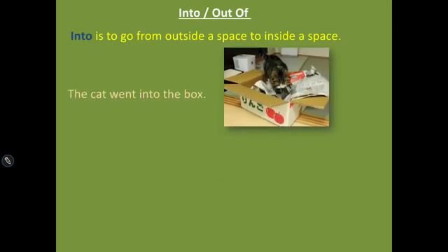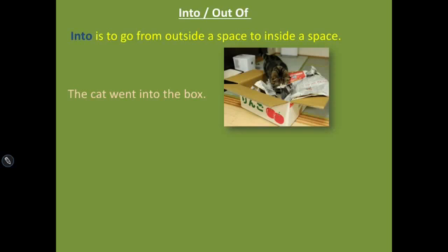Next is what is the difference between into and out of. Into is to go from outside to a space inside. See in the picture, here is a box and the cat is going inside the box.